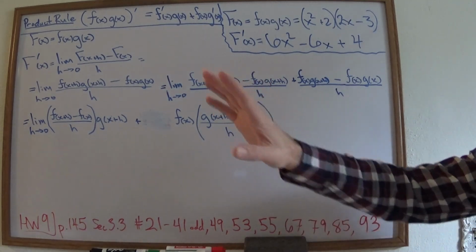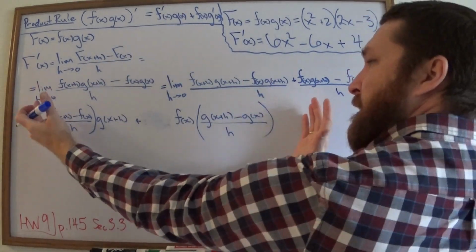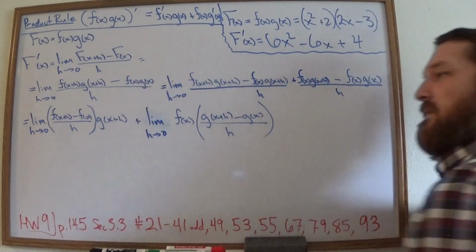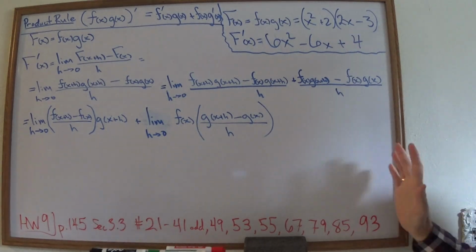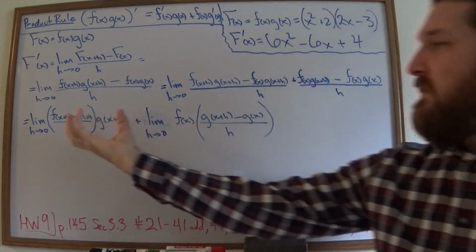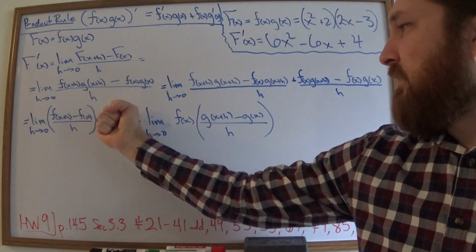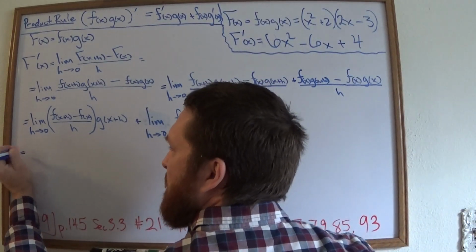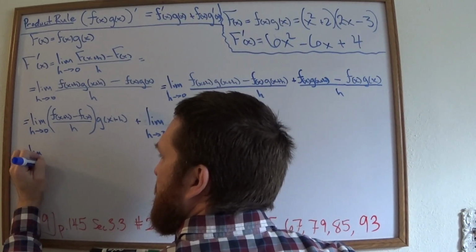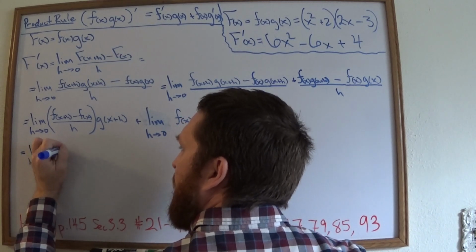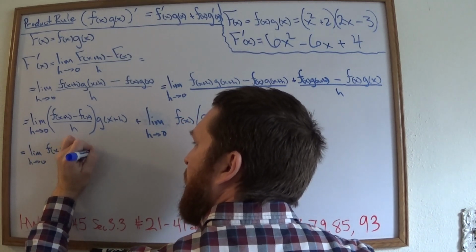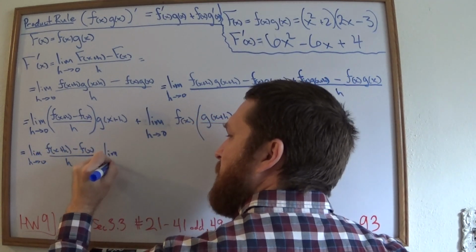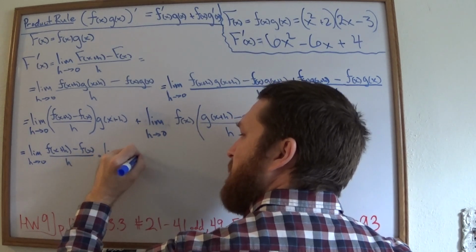Okay. The limit of a sum is the sum of the limits. So I could say this is the same thing here. I could see why I gave myself some room. Okay, everybody buy that. This is a product. Here's one thing, here's another thing. The limit of a product is the product of the limits. And so I could say this is the same thing as the limit as h goes to 0 of the first stuff, times the limit as h goes to 0 of g of x plus h.